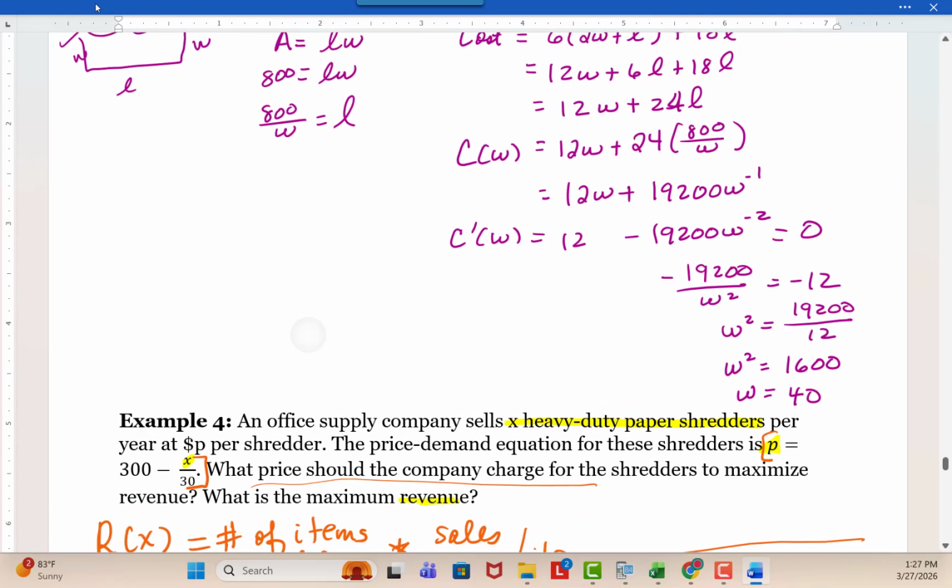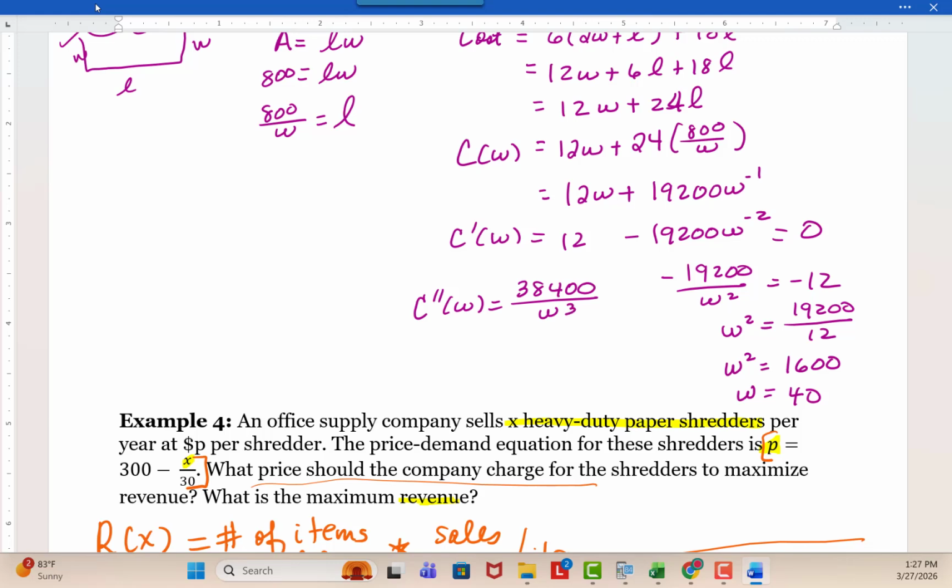Now we want to make sure that this is indeed a minimum, so we need to take the second derivative. C double prime of W is equal to 38,400 W to the negative 3, or we could say over W cubed.